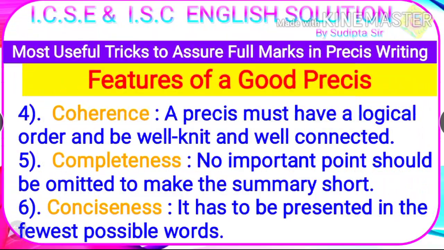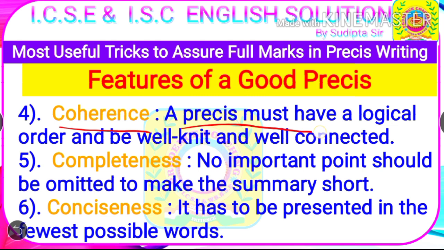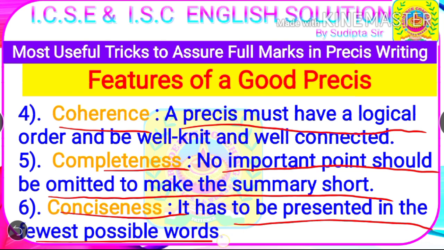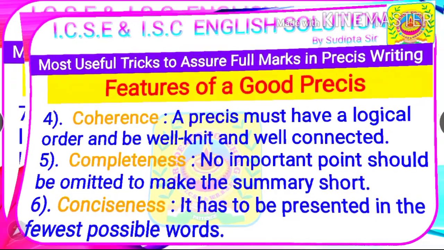Number 4, coherence. A Precis must have a logical order and be well knit and well connected. Next is completeness. No important point should be omitted to make the summary short. The next point is conciseness. It has to be presented in the fewest possible words.